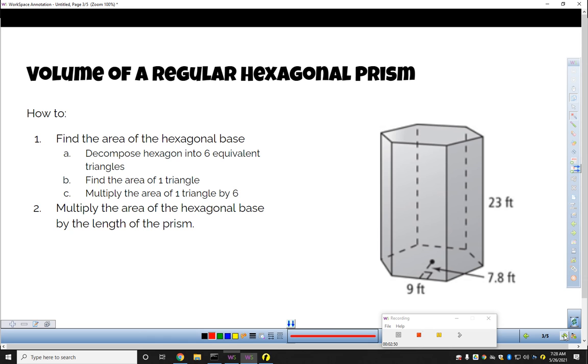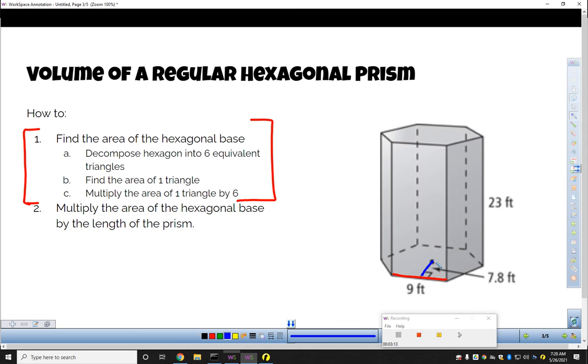We can use that information to help us find the volume of a hexagonal prism. You'll notice here that step 1 is basically what happened in the last slide. So if you felt good about doing that in the last slide, here is another regular hexagon with a base and a height.